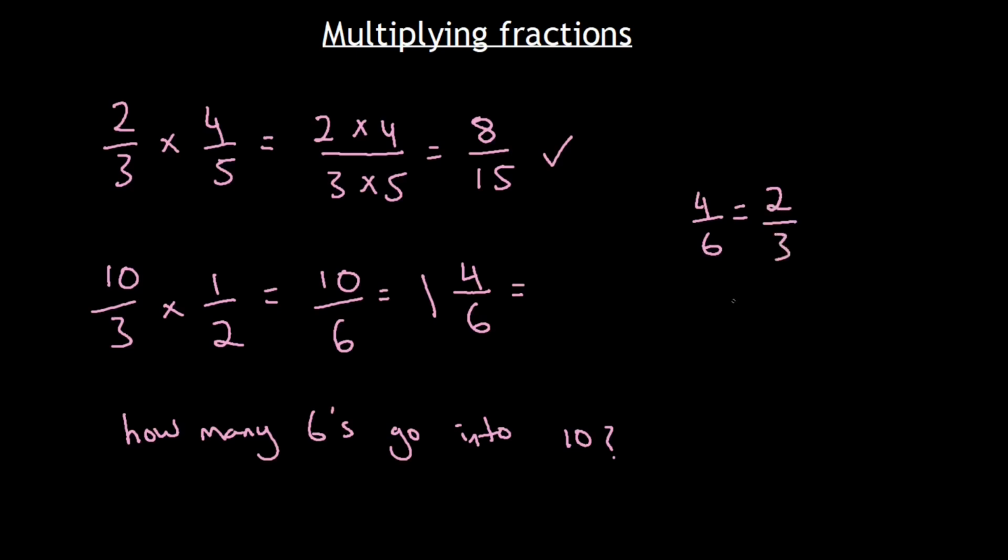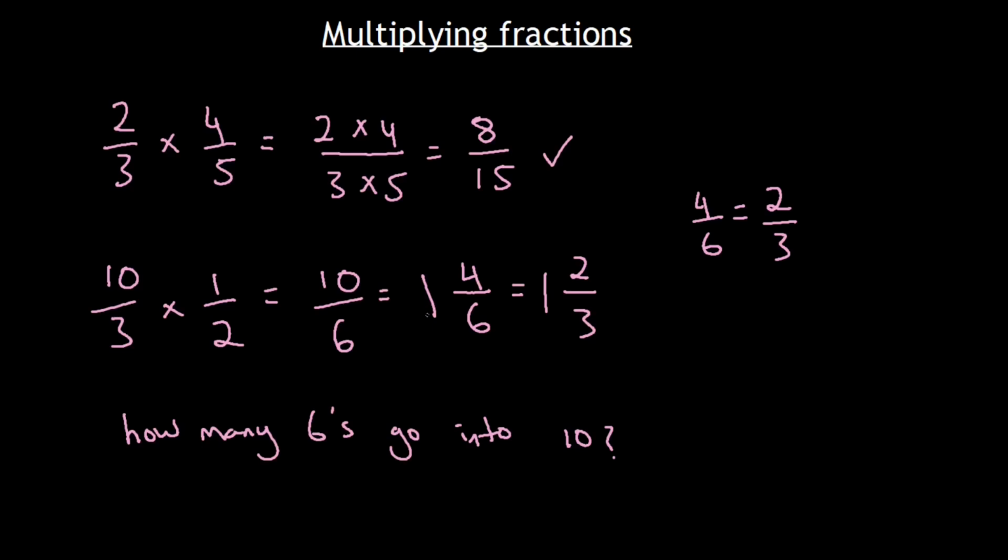So it's 2/3. So I can say that this is actually 1 and 2/3. Okay, so the only extra step we have to do is just convert into mixed fractions and then simplify if we can. That's all, but the same principle applies. Right, so that's just basic numeric fractions.